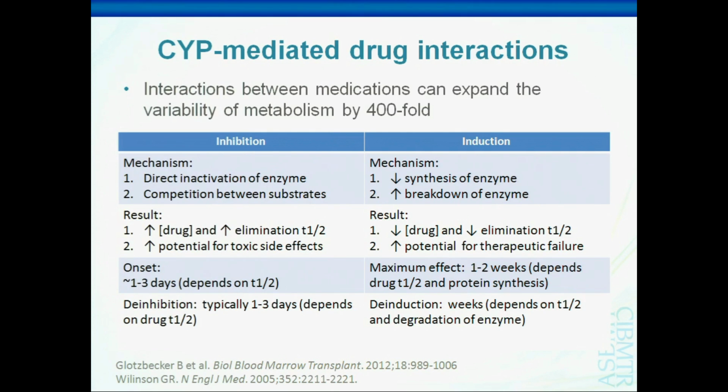This results in increased drug concentration and prolonged half-life, as well as increased potential for toxic side effects. The onset is about 1 to 3 days, depending on the half-life of the drug, and the de-inhibition is about the same, typically 1 to 3 days.